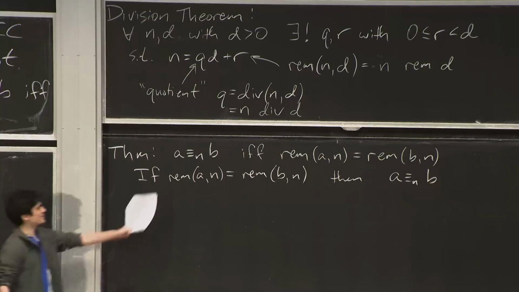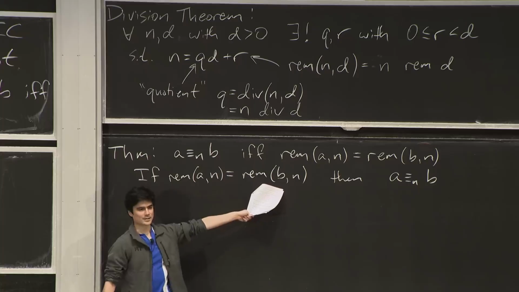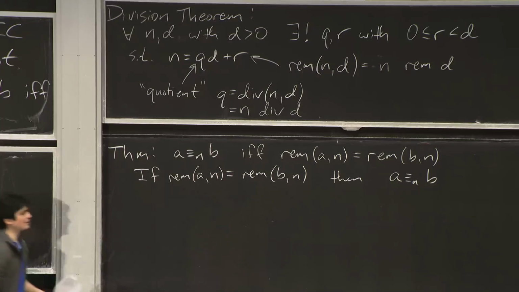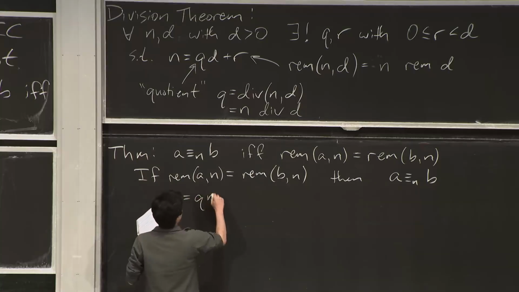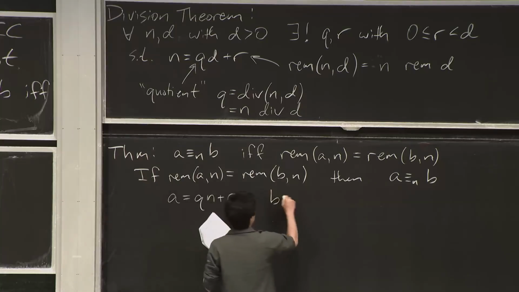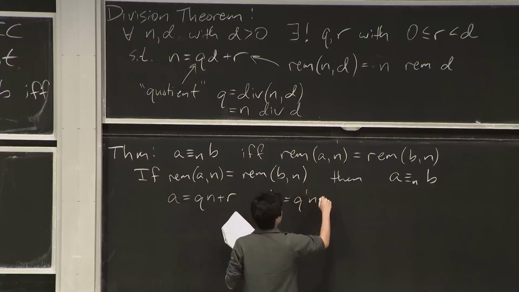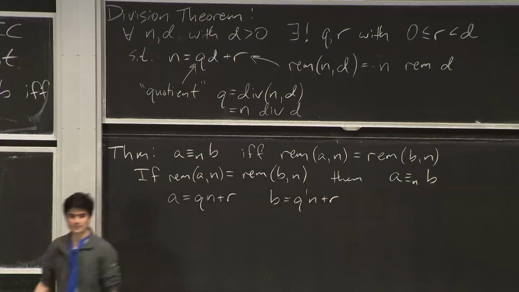So we're going to assume that these are equal, right? So then the R that we get from the division theorem is the same in both cases. So A equals Qn plus R, B equals Q prime n plus R. Okay?